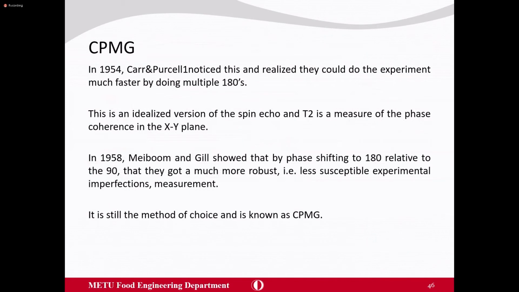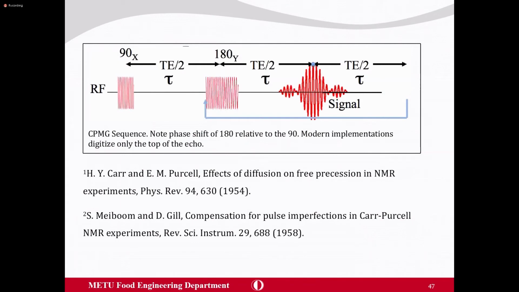There's a very famous sequence that is used to measure T2, which is CPMG, the Carr-Purcell-Meiboom-Gill sequence. It denotes the initial names of these scientists. This is an ideal version of the spin echo, and T2 is a measure of the phase coherence in the XY plane. So let me show you that.